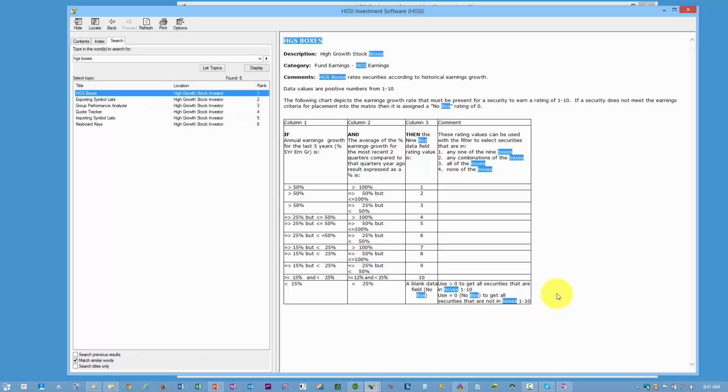Now, box stocks all have consistent earnings, but they vary. This is something that we'll talk about at the workshop. But if you look right through here, you can see a box 1 stock.